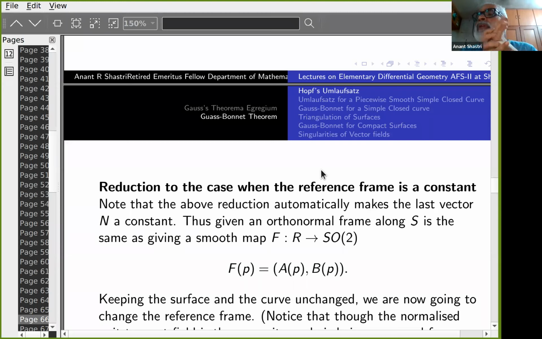Normal is always the unit vector in the z direction. So one simplification is over. So the normal is a constant vector now. But A and B are non-constants, may not be constants. So as the point moves along the xy plane, the frame itself keeps moving.